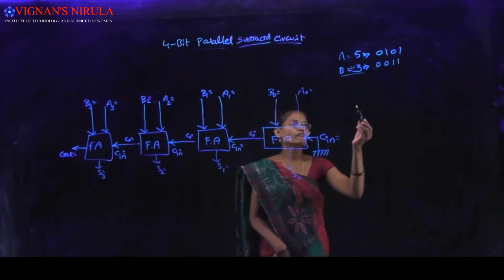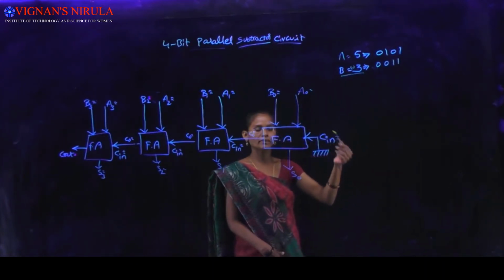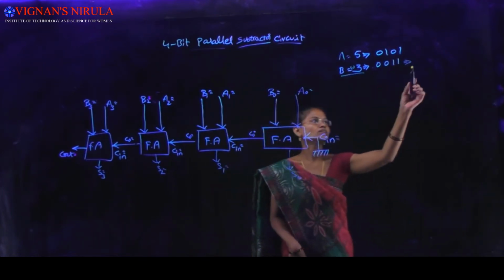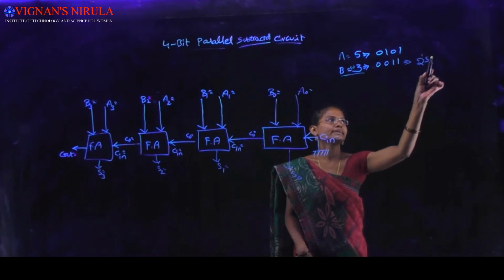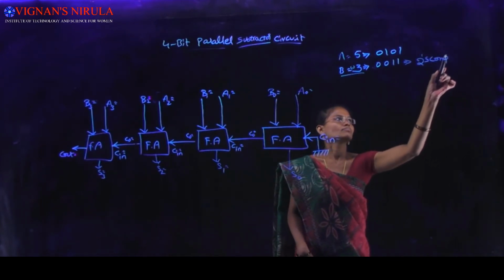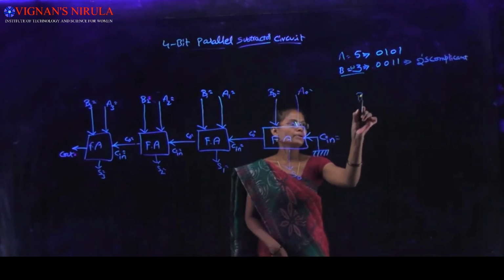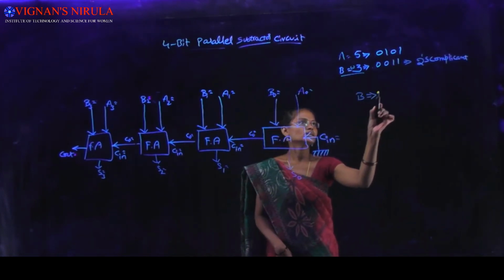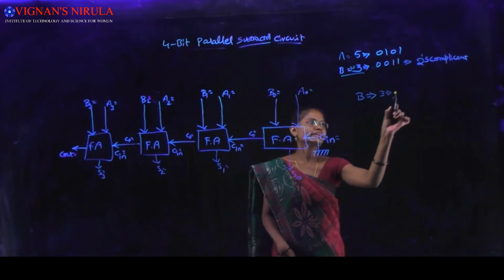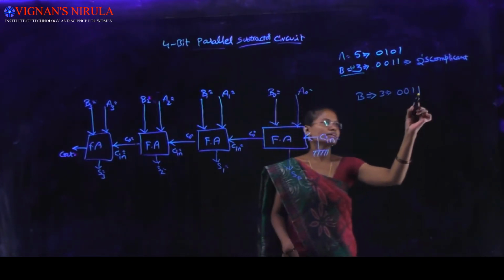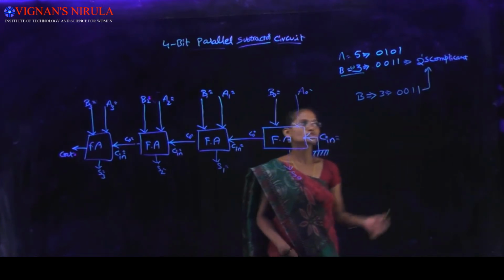When we subtract two binary numbers, the subtrahend is converted to its 2's complement. Here the B value is 3, its binary number is 0011. This binary number is converted to its 2's complement.